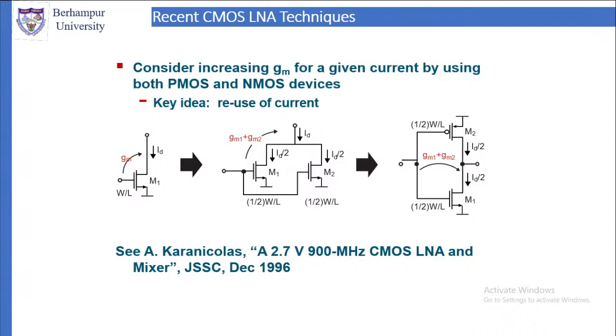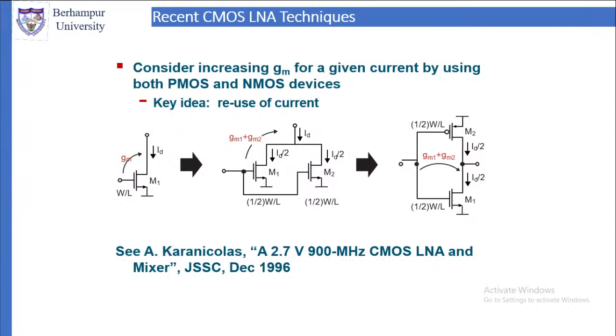Recent CMOS LNA techniques now consider increasing the transconductance for a given current by using both PMOS and NMOS devices. So that is a recent technique. The key idea is to reuse the current here. To know more about this, look at this paper by Karanicolas, which came out way back in 1996.